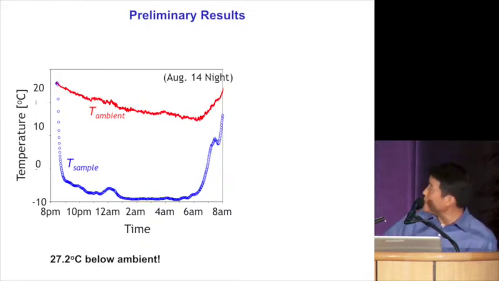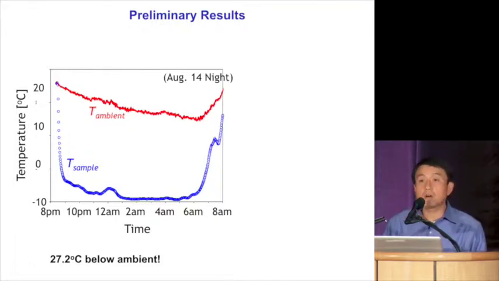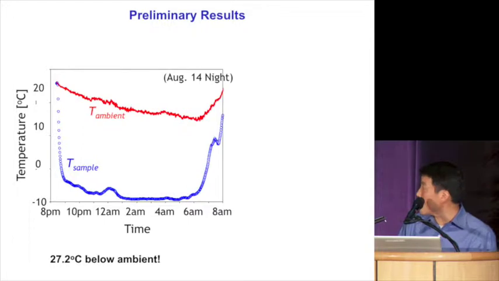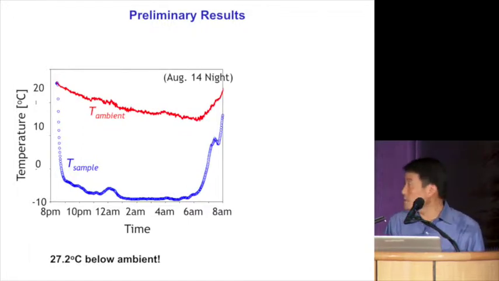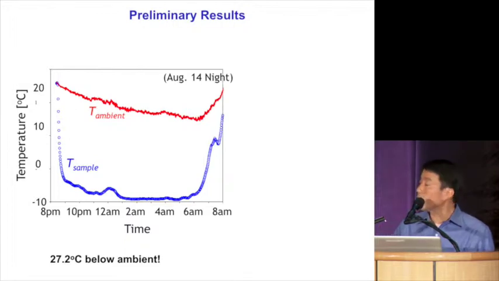So in our preliminary test, we actually get a temperature that's about 27.2 degrees Celsius below ambient air temperature, when the ambient air temperature is about 15 degrees Celsius. So this is a temperature of, in essence, minus 10 degrees Celsius on a summer night at Stanford. So you can really get a fairly low temperature here.